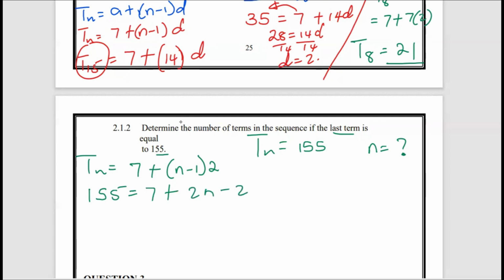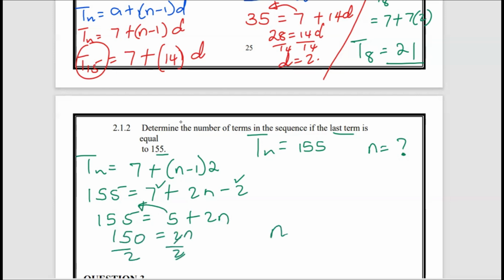Then let's first solve 7 minus 2, which is 5 now. So it's going to be 155 is equal to 5 plus 2n. Let's transpose the 5 to that side, which is just 150 is equal to 2n. Then divide both sides by 2, and our n becomes 75, which means we have 75 terms in this sequence.